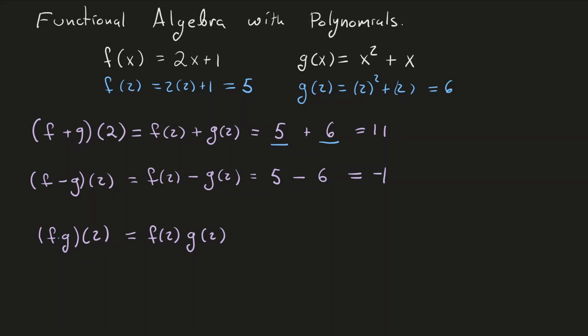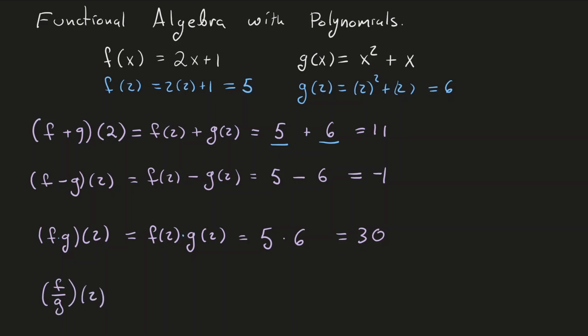And sometimes I want to think about this as those things are multiplied together. So in this case here, we have 5 times 6, which is equal to 30. And then lastly, we have f divided by g of 2.